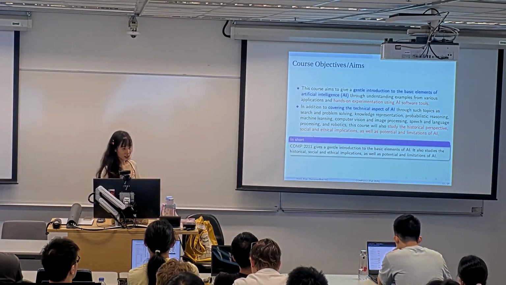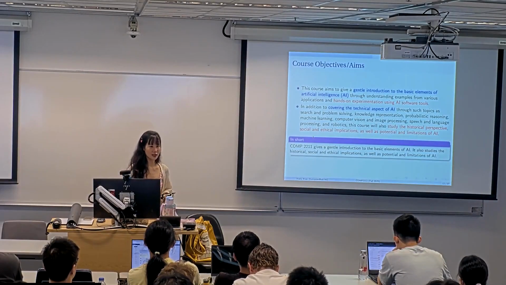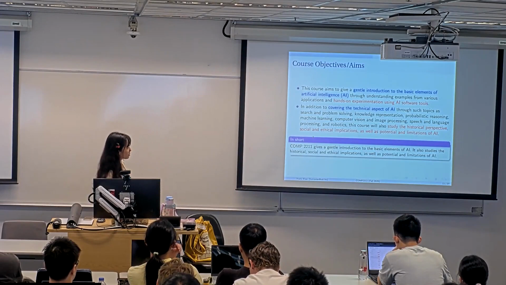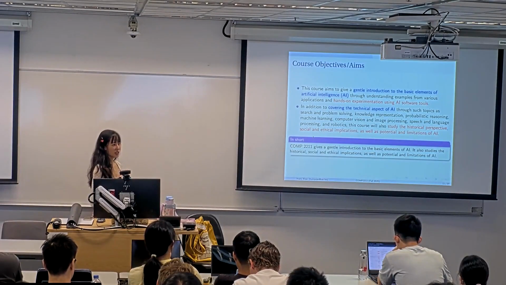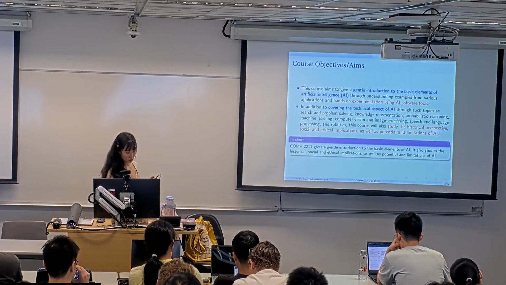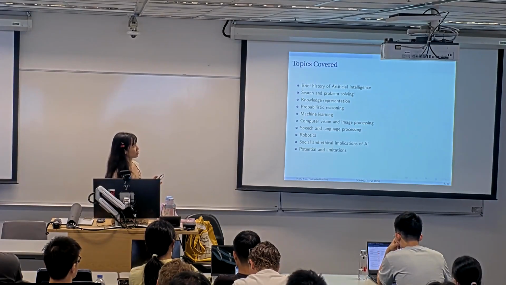So in short, COMP2211 gives you a gentle introduction to the basic elements of AI, and it also studies all the historical, social, and ethical implications, as well as potential and limitations. This is our course objectives. And the topics covered in our course would be this.